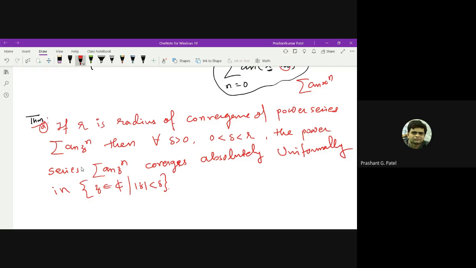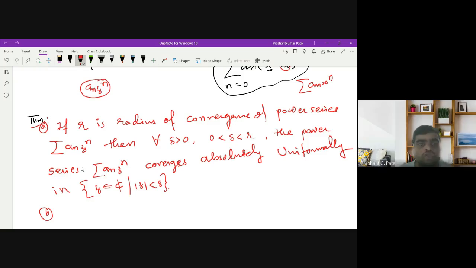And the second part tells you that since this power series a_n z raised to n is a continuous function, and this power series converges to a continuous function. That means since it is uniform convergence, and under the uniform convergence, as we have learned, the continuity is preserved.